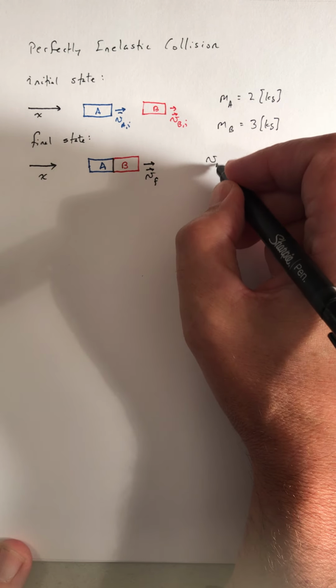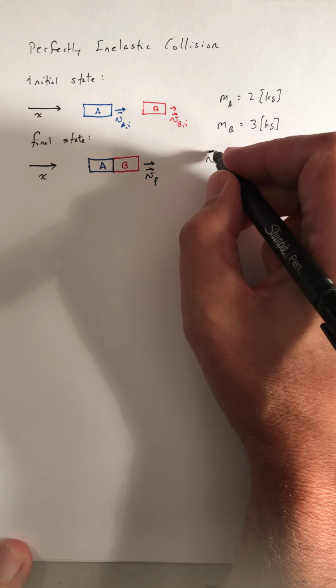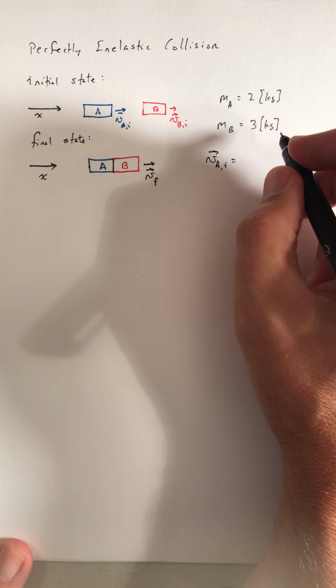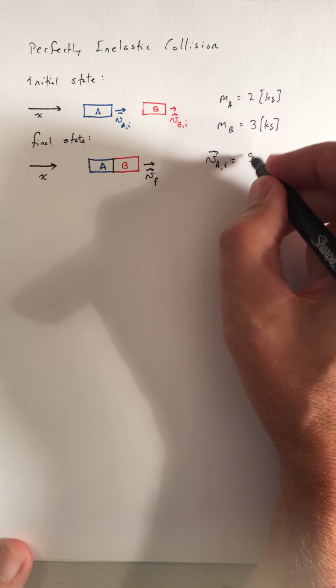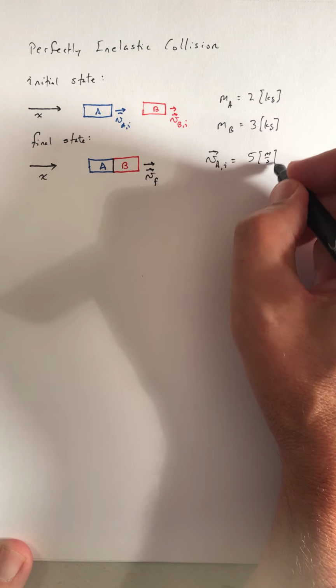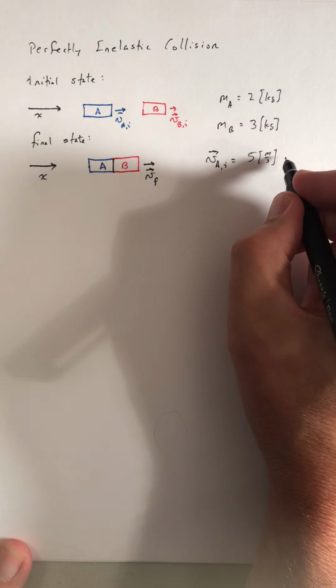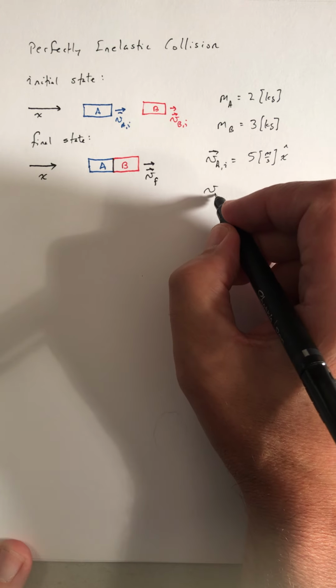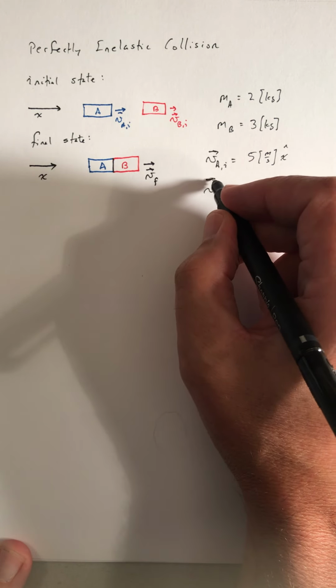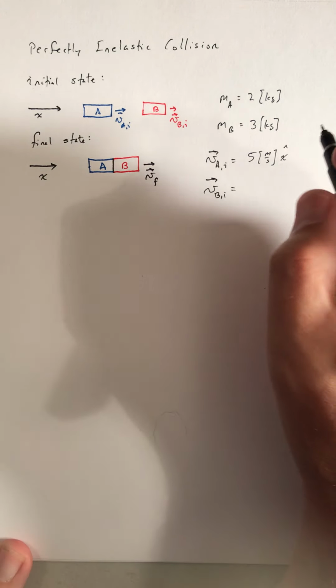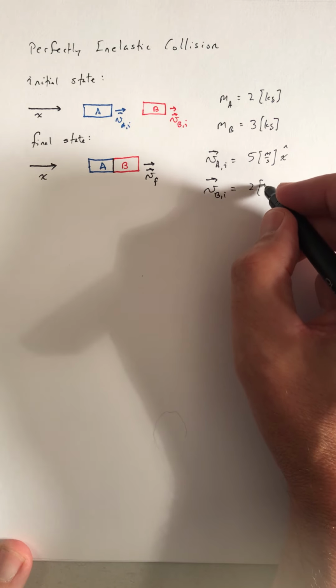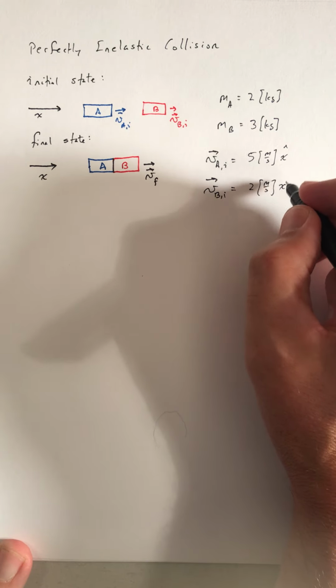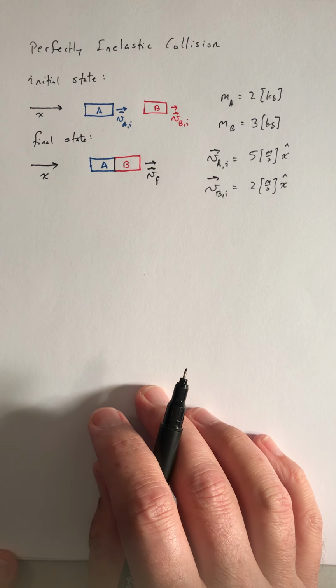So the velocity of A initially is 5 meters per second, and it's moving along what I picked to be my x-axis. The velocity of B initially is given to be 2 meters per second, and that's also along the x-axis.